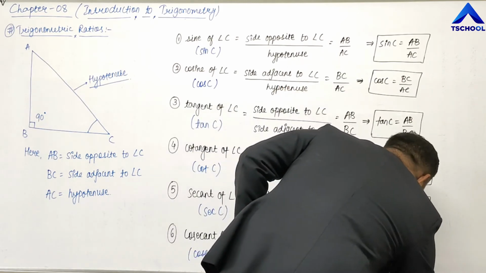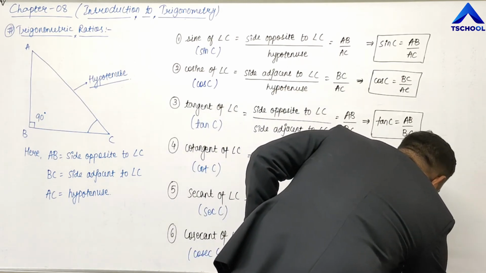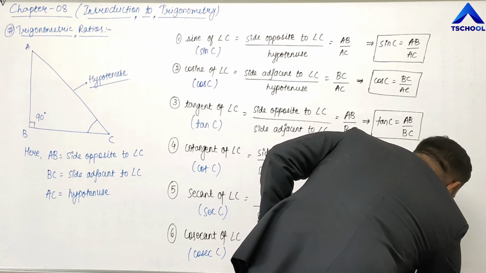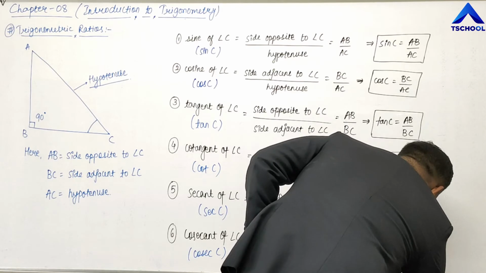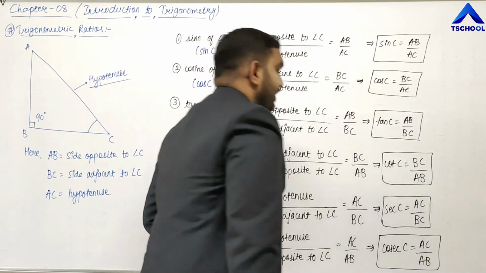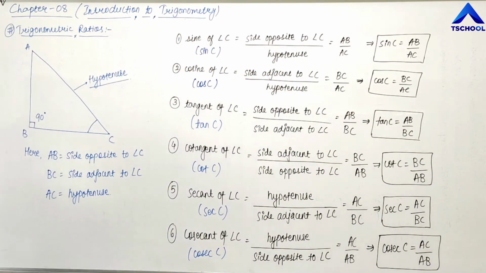So that gives me shortly cosec C is equal to AC upon AB. That is my sixth ratio, and hence these are the six ratios that we get for this triangle ABC, having angle B as 90 degrees and angle C as our reference angle.